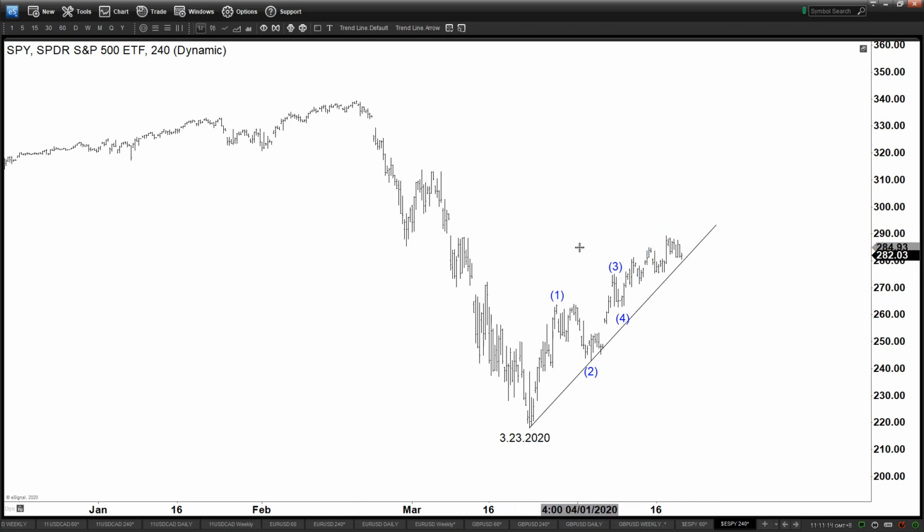Unlike a correction like an ABC or WXY, which is corrective by nature, the 3 swings ABC or WXY should be finished in around 100% extension. Now 5 waves do not have that kind of expectation. It can continue to extend as much as it wants.